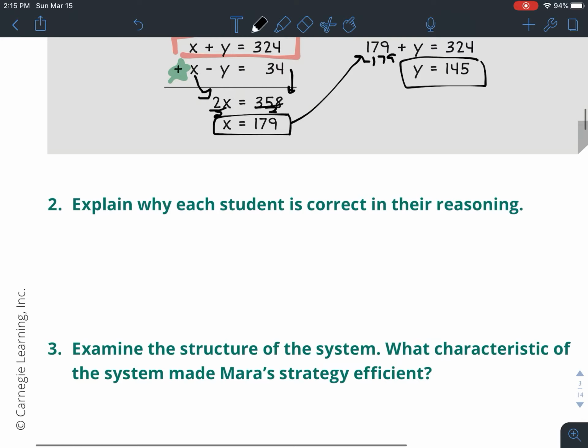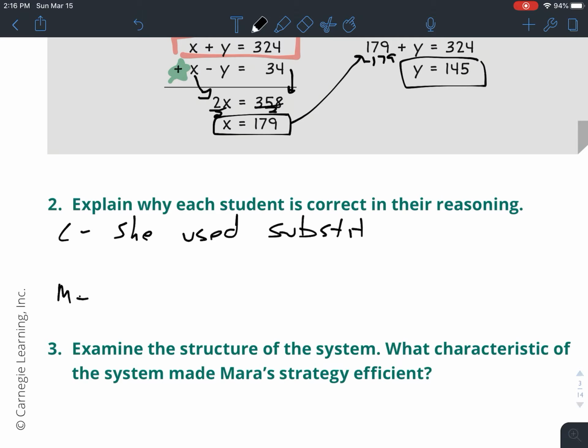Now they're asking us to explain why each student is correct. So each student is correct. So I'm going to put a C for Chloe and an M for Mara. Chloe is correct because she used, so I'm going to write she used substitution to find the variable.